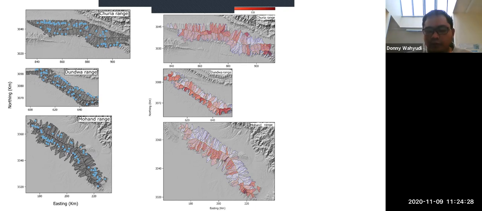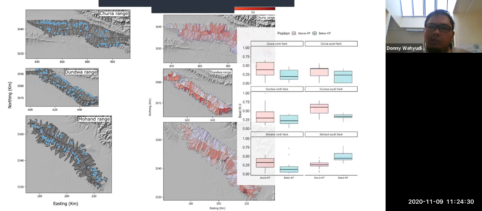And we are also trying to compare the concavity value between its position above the knickpoint and below the knickpoint. And we find most of the channels have a concavity higher above the knickpoint and lower below the knickpoint, except for Mohan south flank.